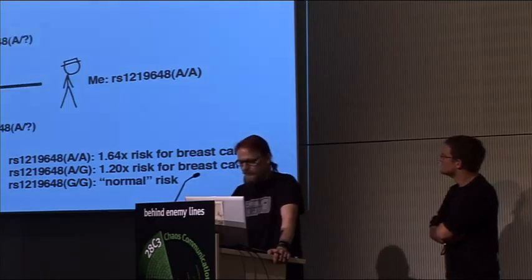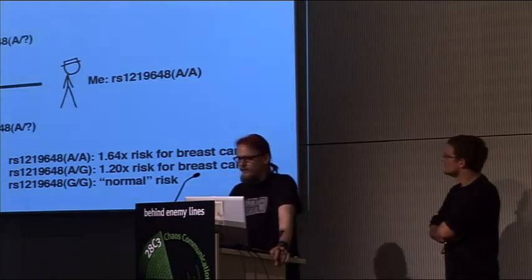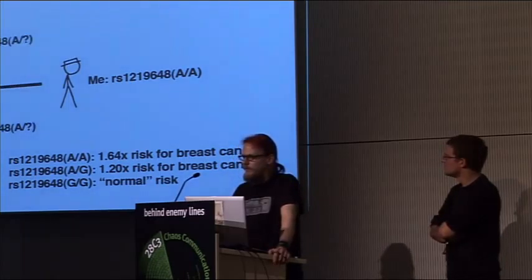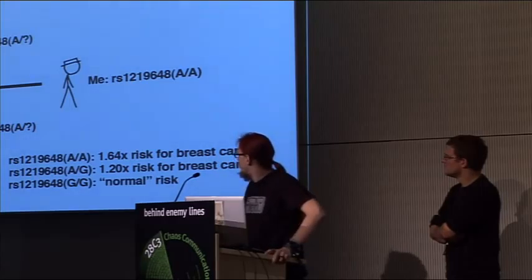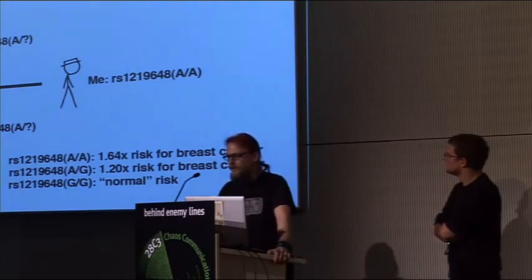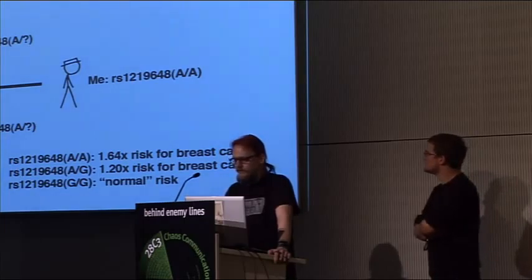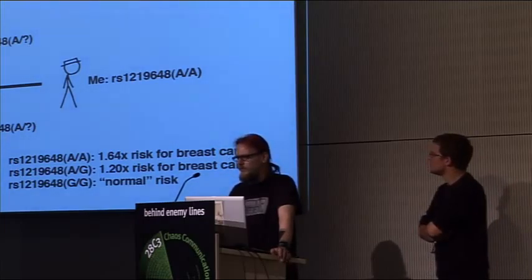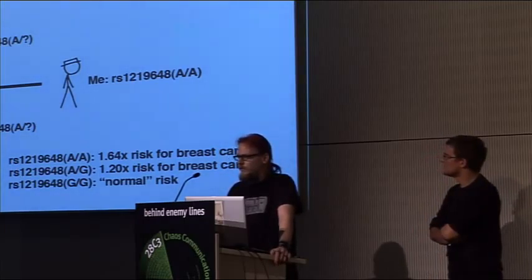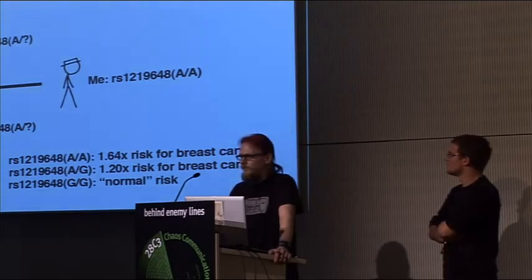But this also says that my dad and my mom will have at least 1 A, and this 1 A already means that they will have at least a 1 times higher risk for breast cancer as well. And with some more elaborate statistics, you can even figure out the frequencies of these alleles in the population, and you can get a quite good view on their risk factors as well.